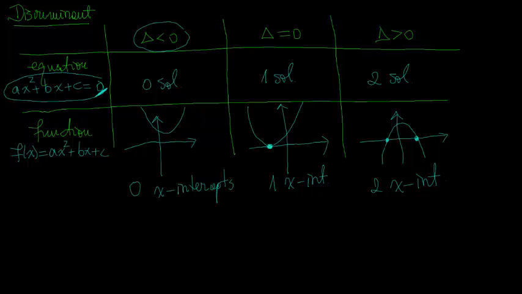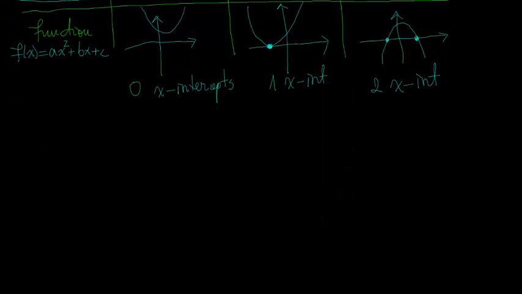So we see that this discriminant, while it tells me the number of solutions in the case of an equation, it also tells me about the number of x-intercepts for the graph of a function. Finally, this discriminant is very powerful because it's also going to tell me something about algebraic expression. Namely, very often we ask ourselves, does an expression factor or not?